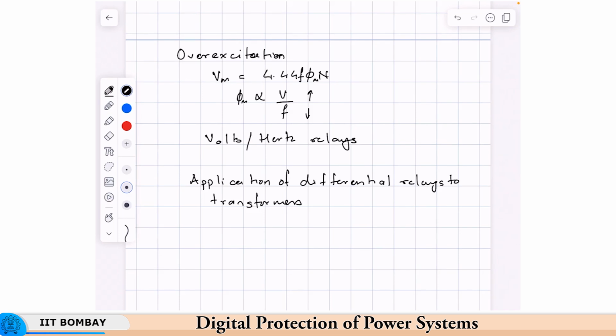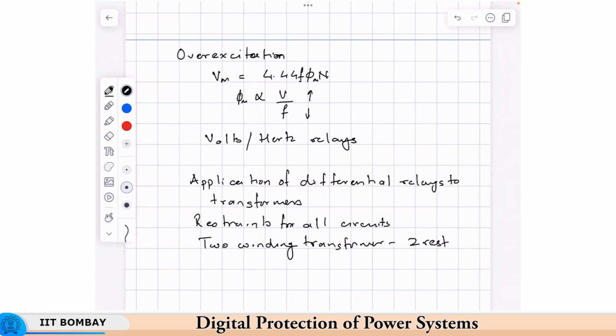One of the basic principles is we will have to provide restraints for all the circuits. For all circuits, meaning if it is a 2-winding transformer, then 2 restraint windings, coils or windings, whatever terminology you would prefer to use.